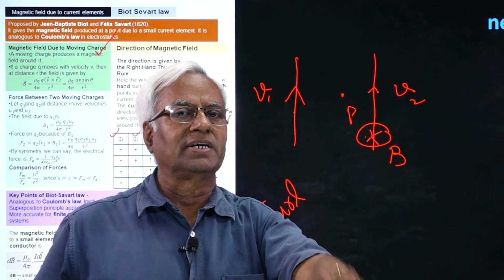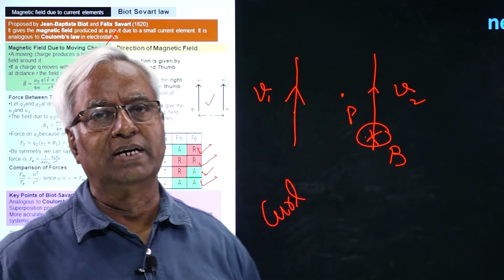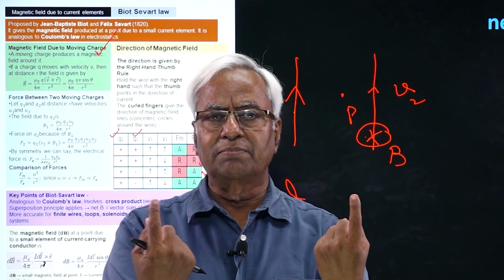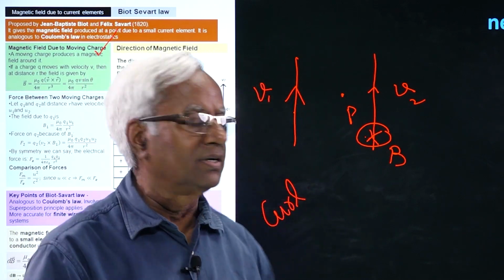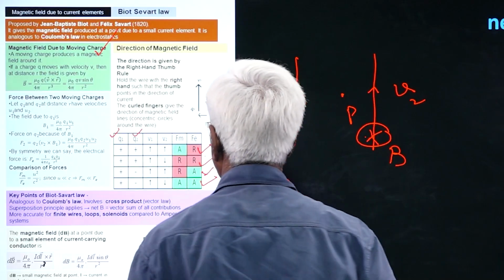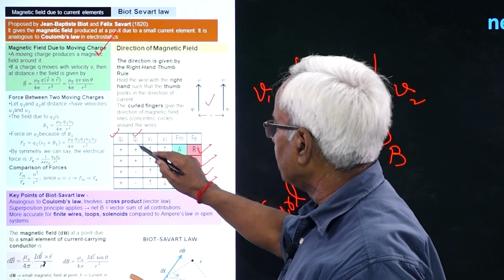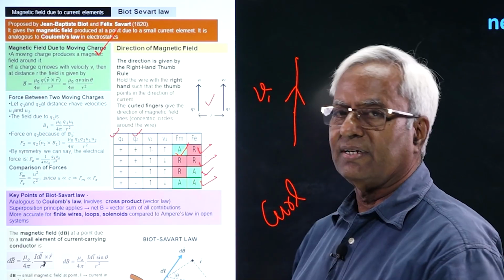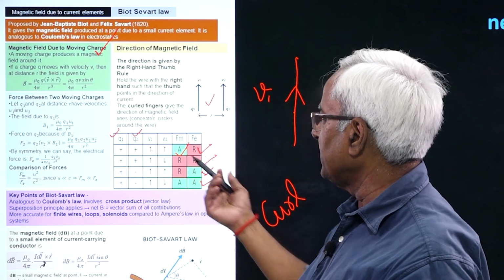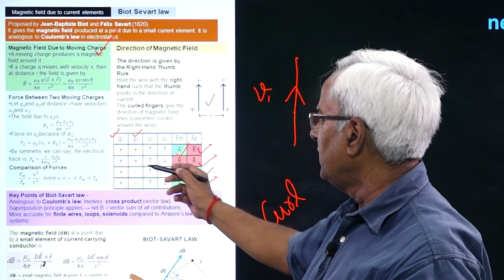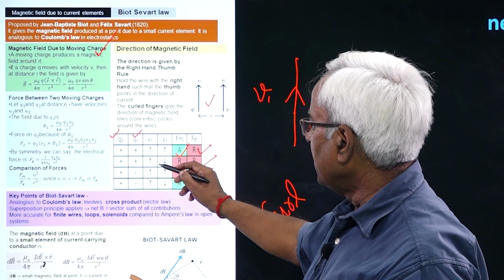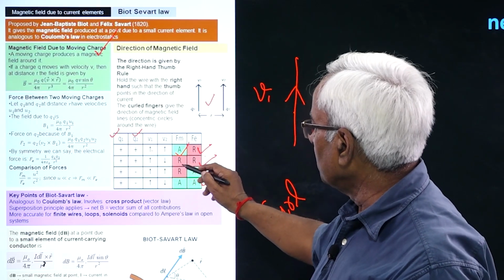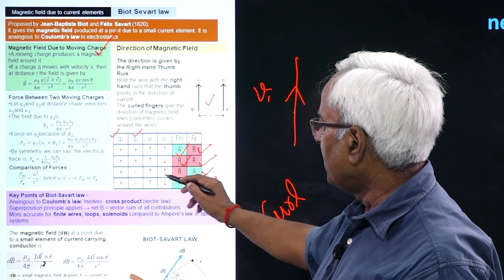So one very important result is that whenever two similar charges are moving in the same direction, they will have a force of attraction. That's what I have shown over here. Obviously, if we change any one of these four points, this nature will change. Because I have reversed the direction of velocity, the force becomes repulsive, and so on.